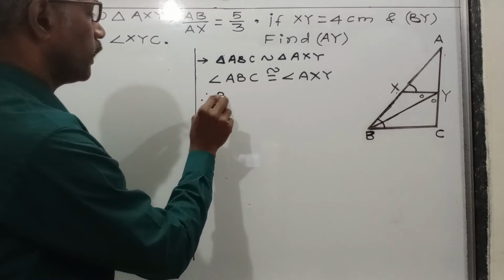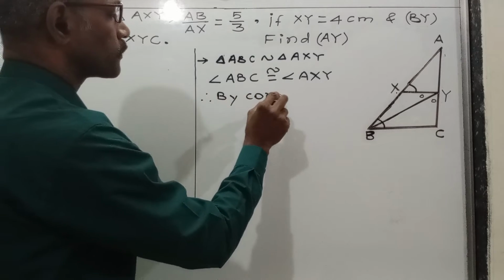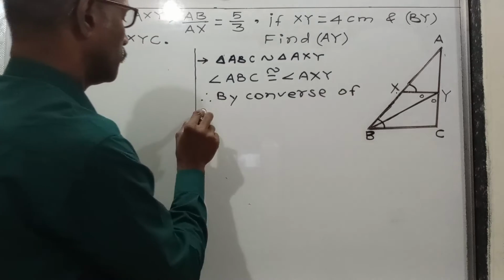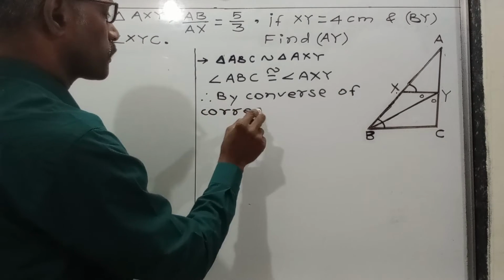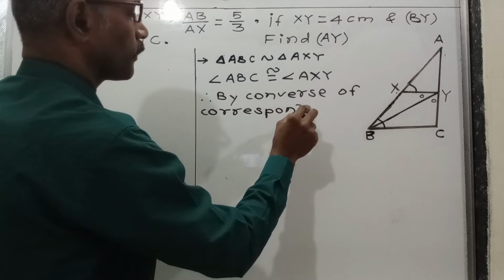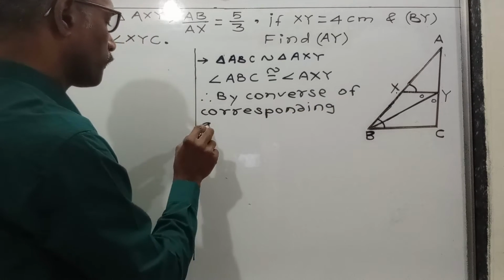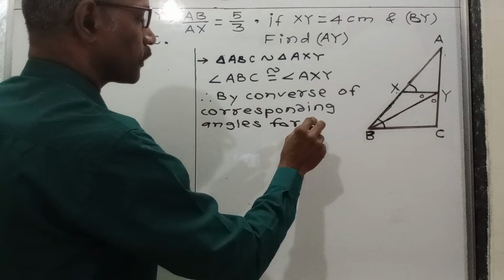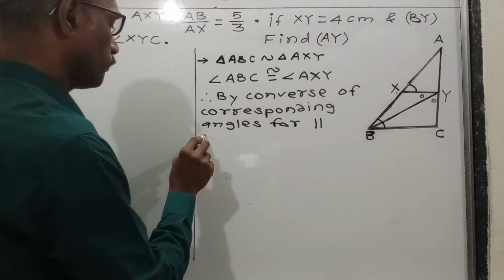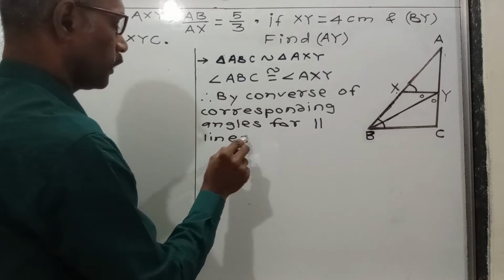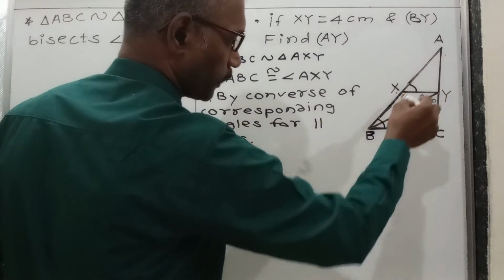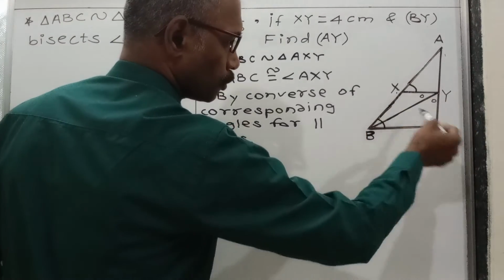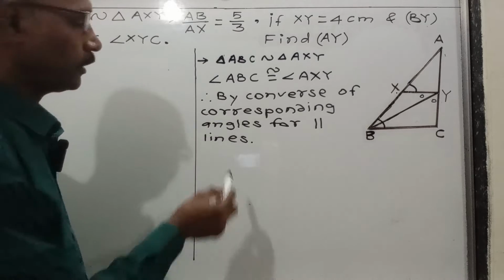Therefore, by the converse of corresponding angles for parallel lines, if these two angles are corresponding angles and congruent, then we say that these two segments are parallel.